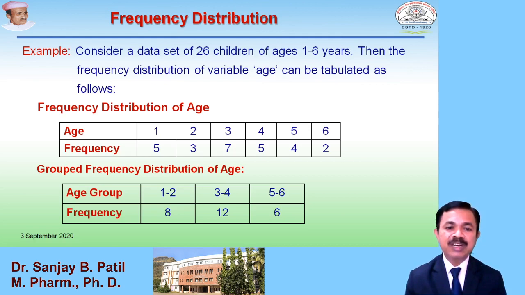And if we consider these values and prepare the table, such tabular form of the data is known as a cumulative frequency distribution table. So in this way we can systematically organize the data to analyze or to test the data in the form of the frequency distribution table or in the form of the cumulative frequency distribution table.